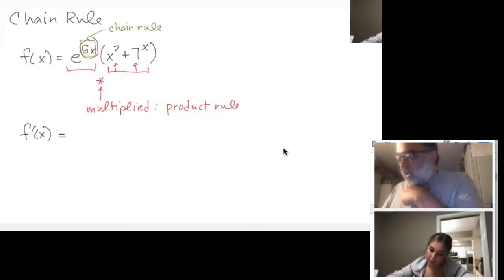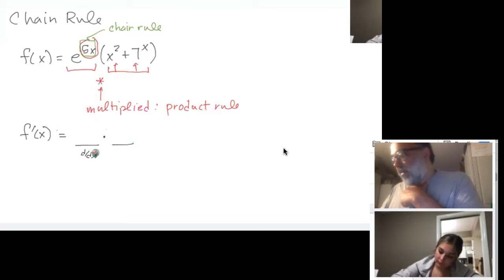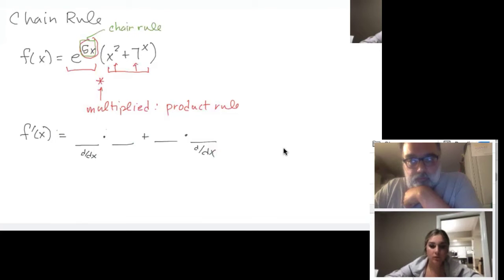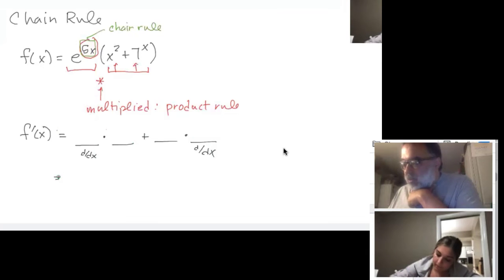So the first thing we deal with is going to be product rule, right? And the product rule is the derivative of the one times the other plus the first times the derivative of the second. And then the chain rule is going to come up because what's going to go in here is the derivative of that e to the 5x.